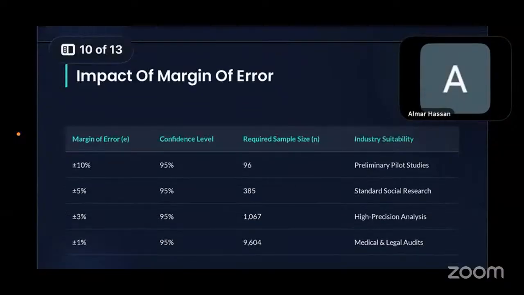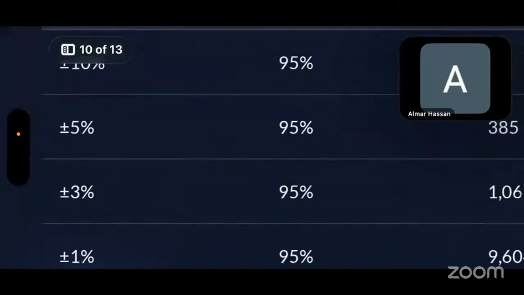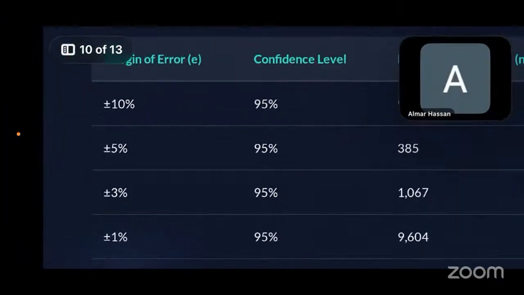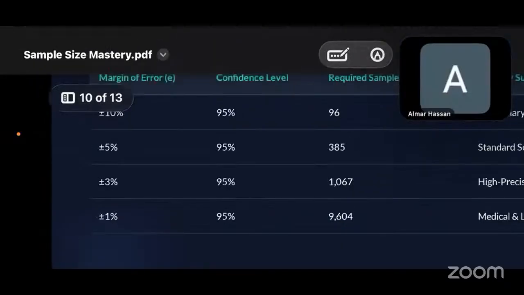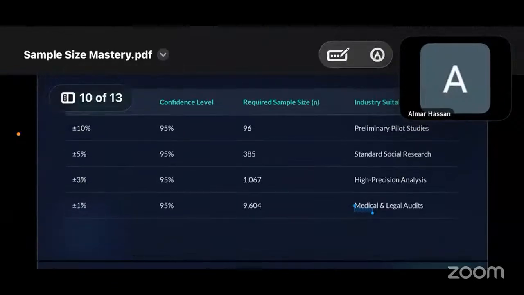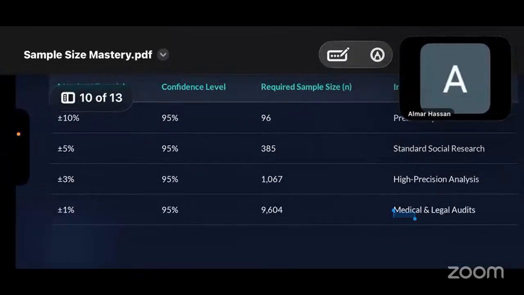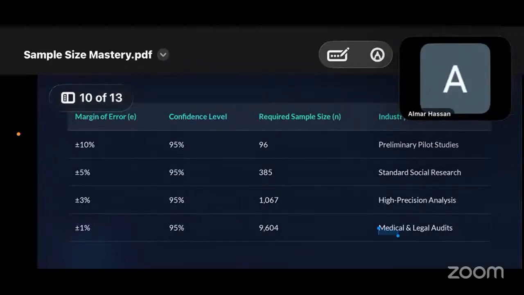Okay, so here's the margin of error, right? This is just explaining it. So basically you have the margin of error here. As I've explained earlier, when we decrease the margin of error, look at your required sample size. So when exactly do we use such margins of error?